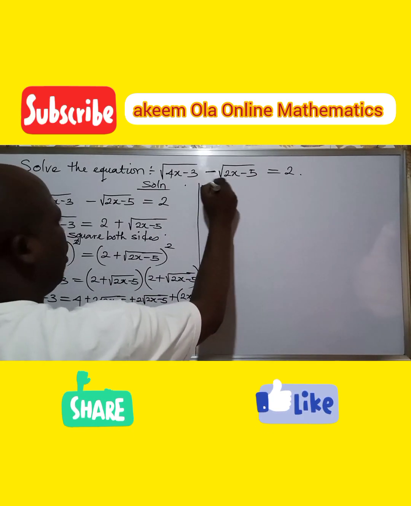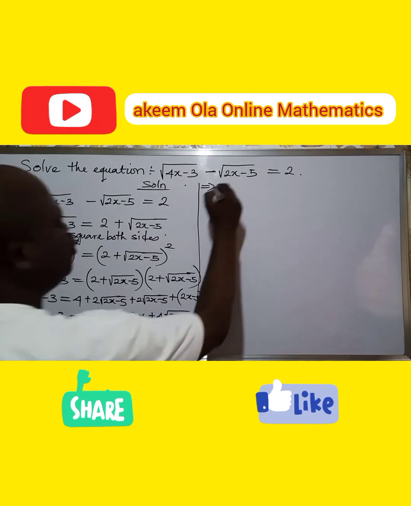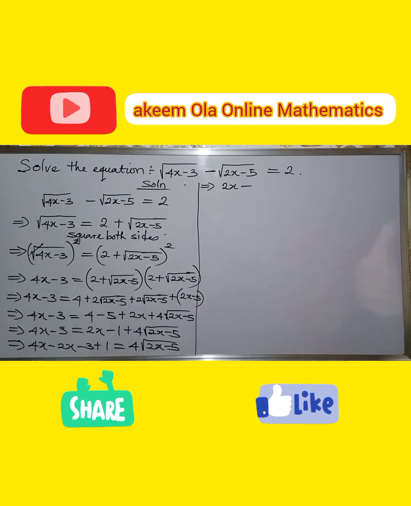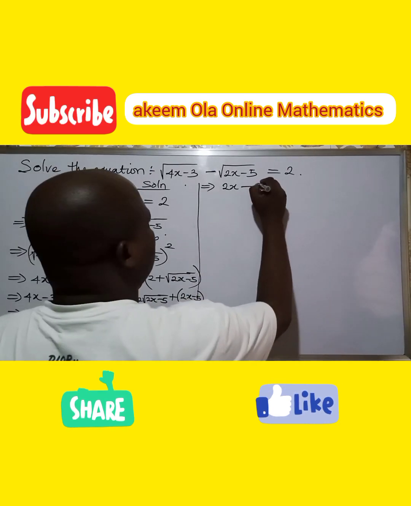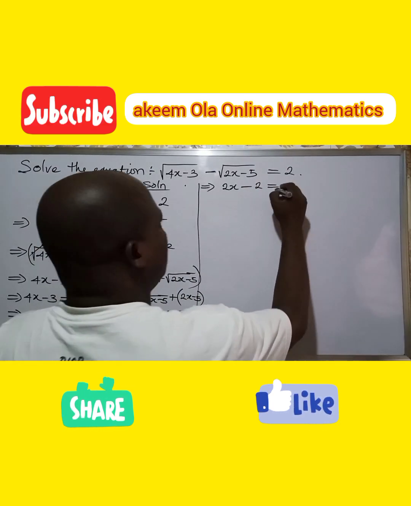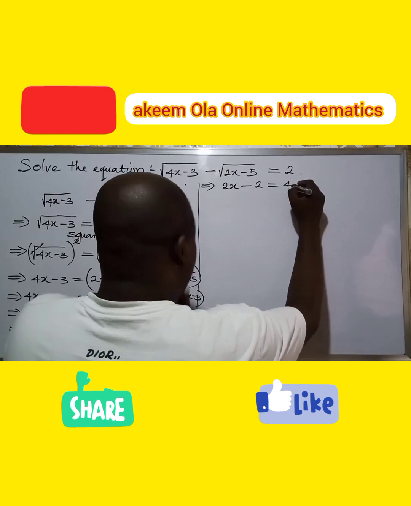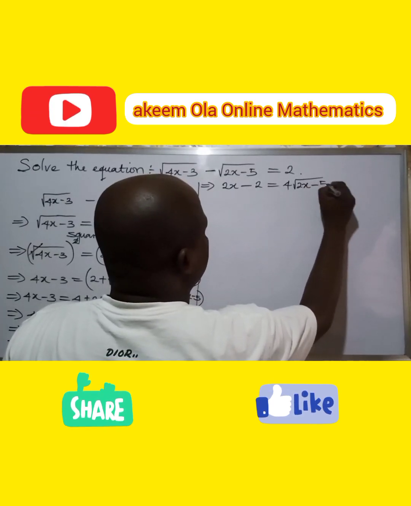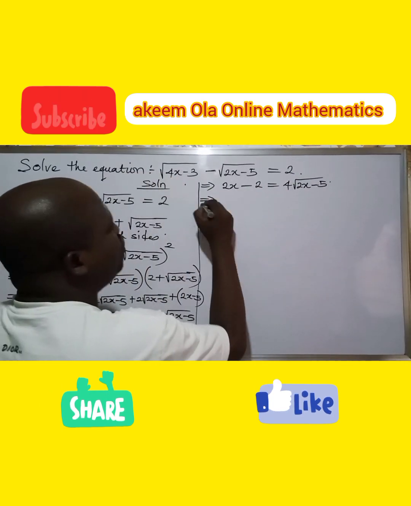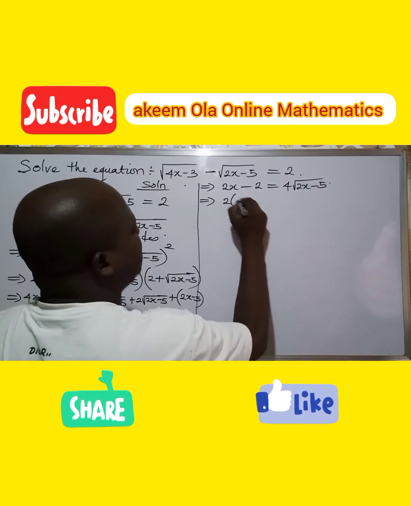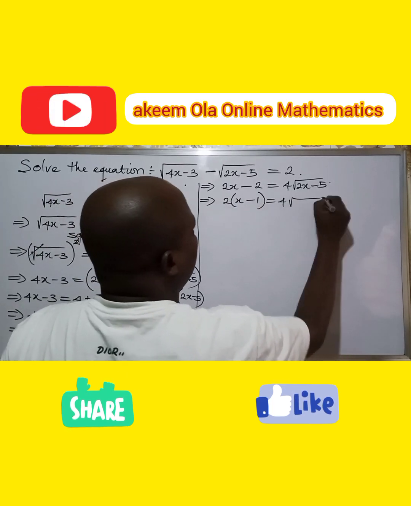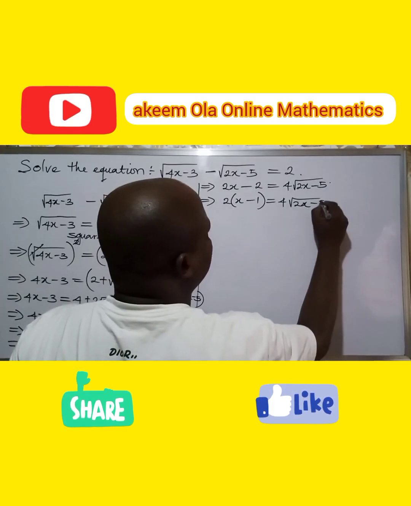Solving further, you will observe that we have 2x, minus 3 plus 1 will surely give us minus 2, is now equal to 4 root 2x minus 5. From here, you will notice that 2 is common to both sides. I have 2, the 2 can go out. I have x minus 1 is now equal to 2 root 2x minus 5.